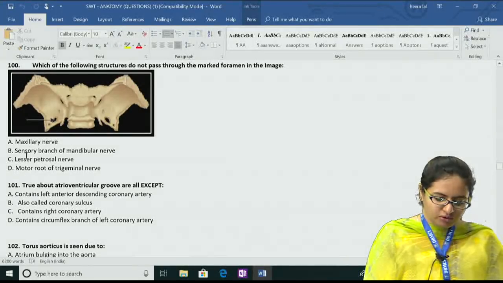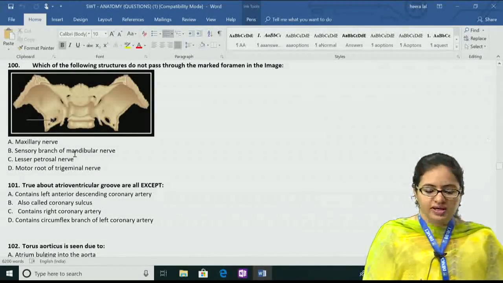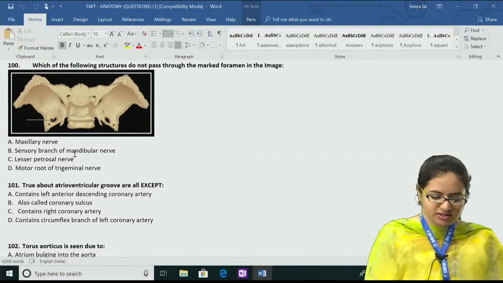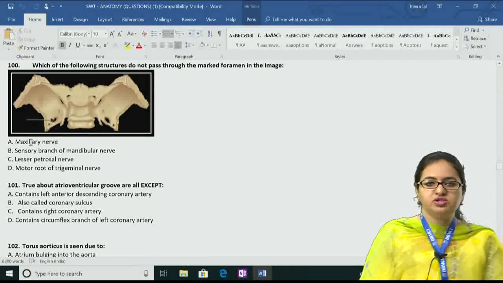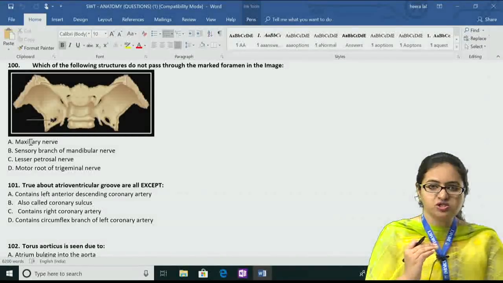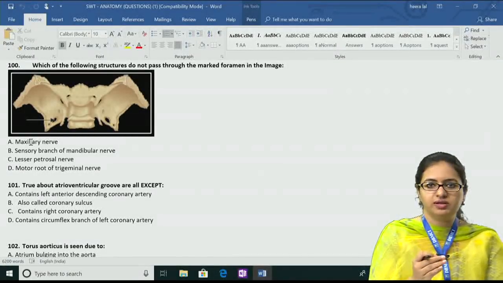We have already talked about the sensory branch of the mandibular nerve, and apart from that the motor root of the trigeminal nerve also passes along with this sensory branch of the mandibular nerve. So all these options are correct apart from A. A, as we have just mentioned, is the maxillary nerve, which passes through the foramen rotundum, just anterior to this foramen ovale.